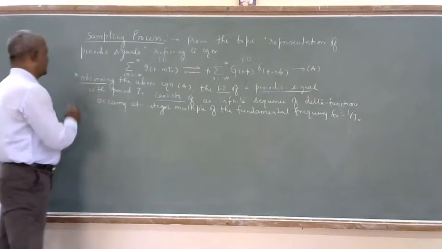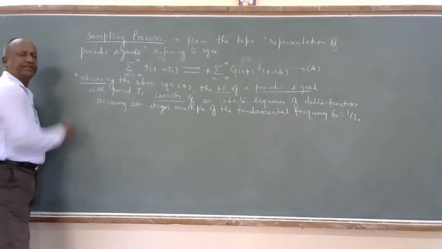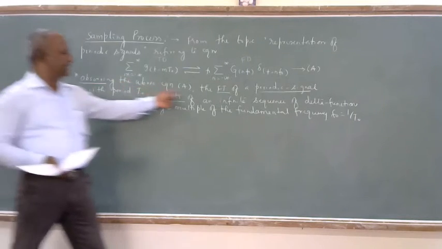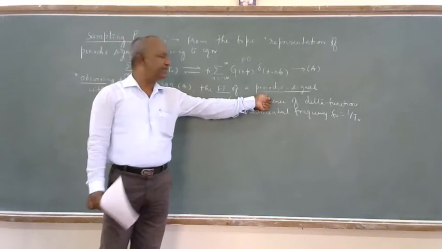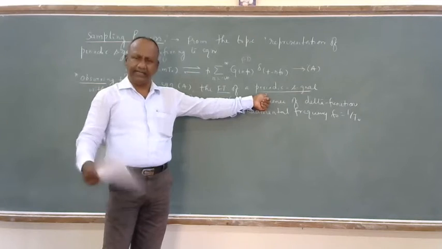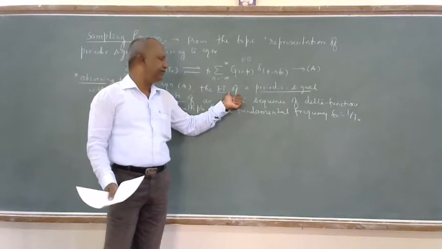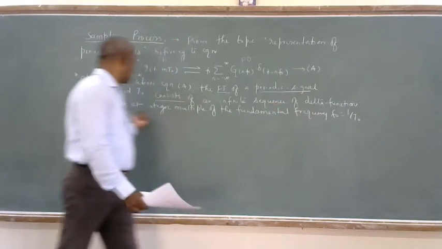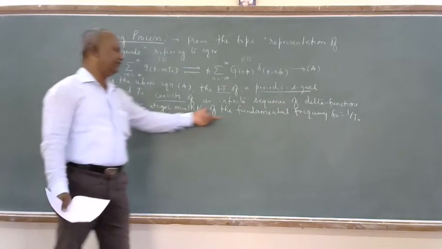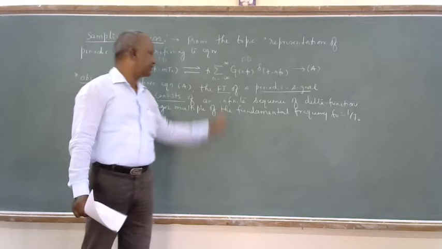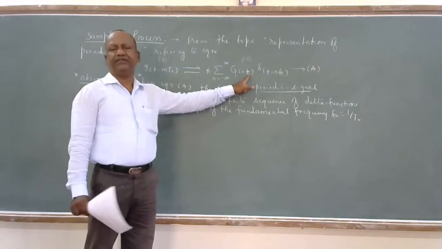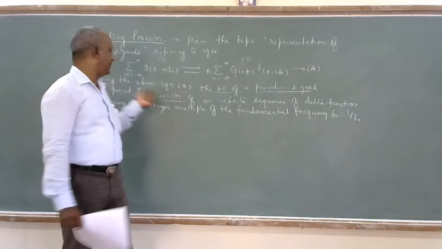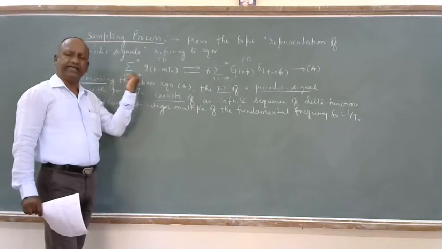Okay. So this is the first important point related to equation A. At the left hand side it is a periodic signal. At the right hand side we have its Fourier transform, which consists of an infinite sequence of delta functions occurring at integer multiples of the fundamental frequency f naught, where t naught is the period of the periodic signal on the left hand side.